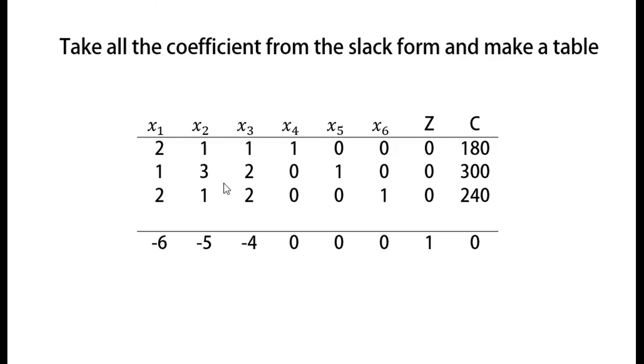So these are from the changed standard form with slack variables. So now we have the simplex table.